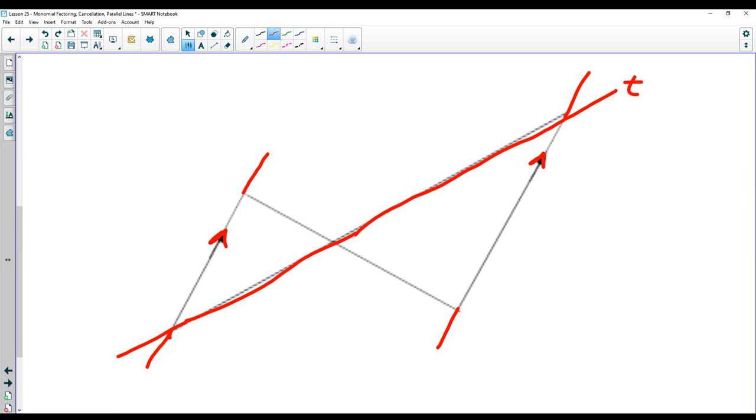So look inside the parallel lines. Do you see alternate interior angles? Boom, boom. Alternate interior angles. Yes, yes, yes. We also have, what are these called? Anytime two lines cross, we have vertical angles.